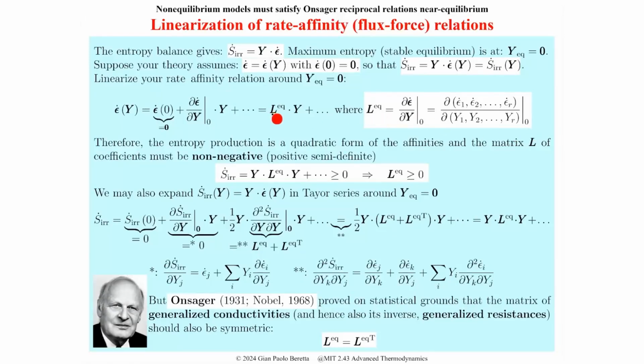Then you take this expression, substitute it into the expression for the entropy production, and get that the entropy production is a quadratic form in the affinities, with the matrix of the generalized conductivity serving as coefficients of that form. That requires that, this being the dominating term in your expansion, this matrix must be non-negative in order to satisfy the principle of entropy non-decrease.